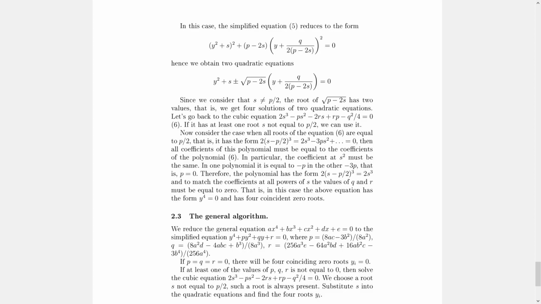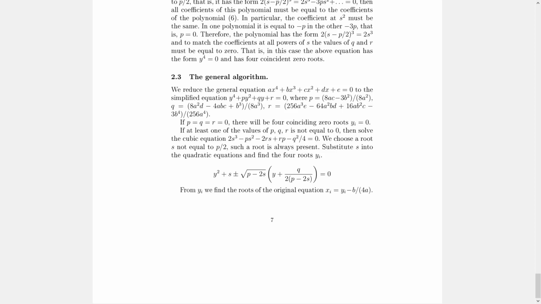And to match the coefficients at all powers of s, the values of q and r must equal 0. That is, in this case, the equation has the form y to the power 4 equals 0 and has 4 coincident zero roots.